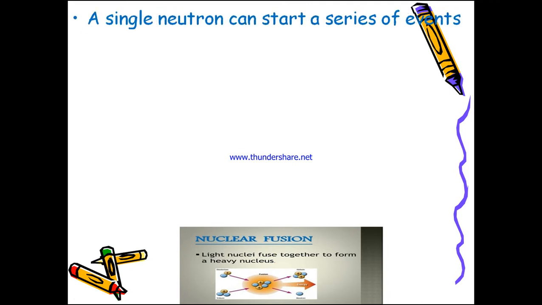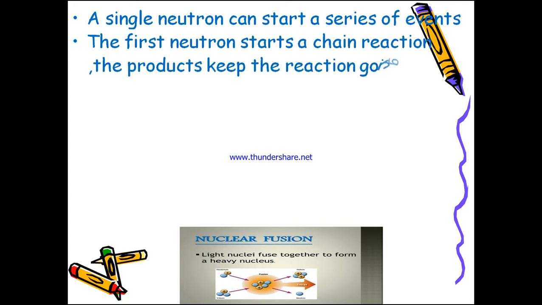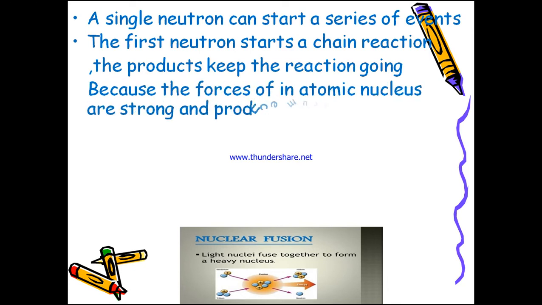A single neutron can start a series of events, because neutrons strike the nucleus, and this also produces more free neutrons to strike other nuclei and produce energy. The products keep the reaction going, because the forces of an atomic nucleus are strong and produce much energy.